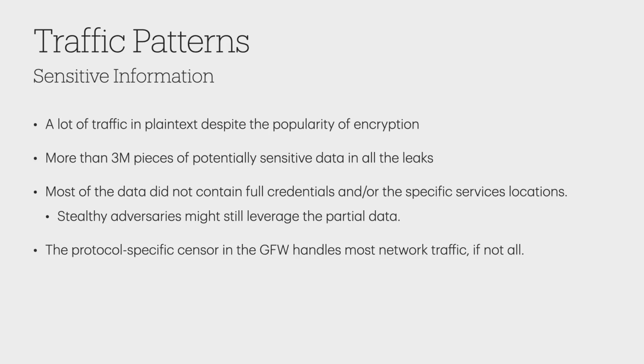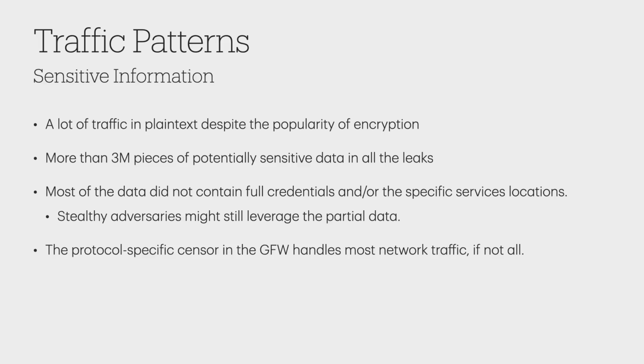Then, we analyzed the majority of the leaked data, the traffic going through the Great Firewall. This vulnerability effectively enabled anyone on the internet to eavesdrop on the transnational network traffic of China, which could leak a large amount of sensitive information. We found there was a lot of traffic still in plaintext, despite the wide adoption of encryption.